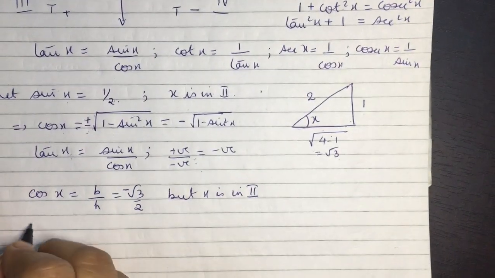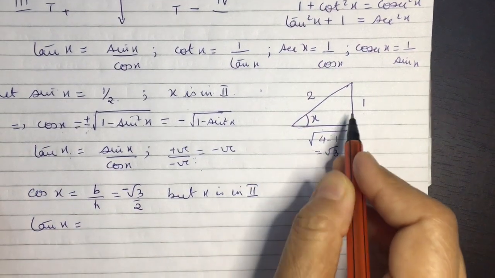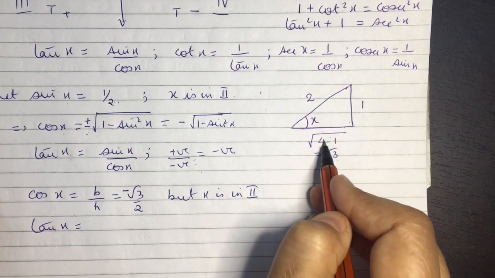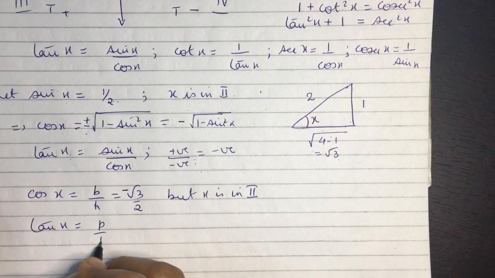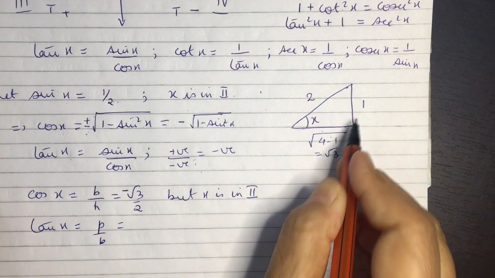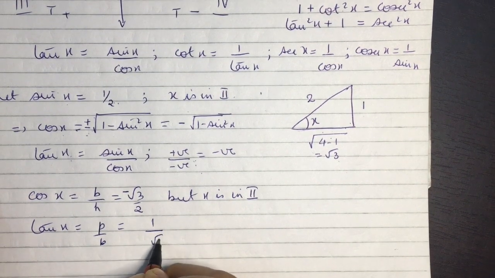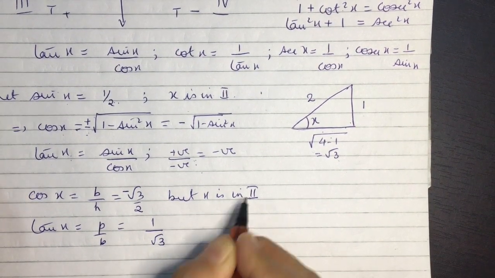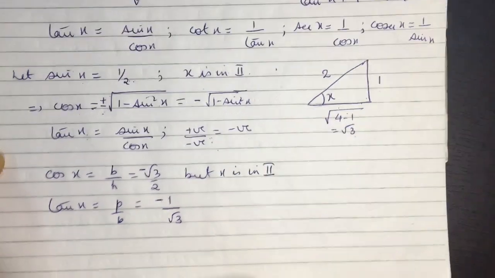Now tan x would be equal to perpendicular upon base, which is 1 upon root 3, but x is in the second quadrant, so it will again be negative.